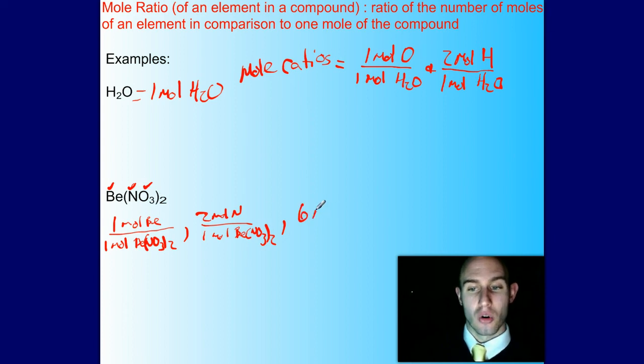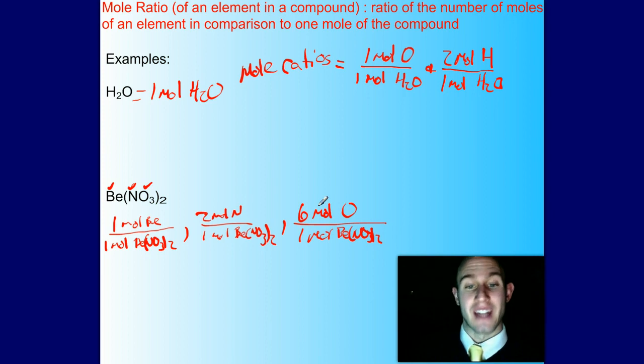So 6 moles of oxygen per 1 mole of Be(NO3)2. Those are the mole ratios we use in the double roadmap mole conversions.